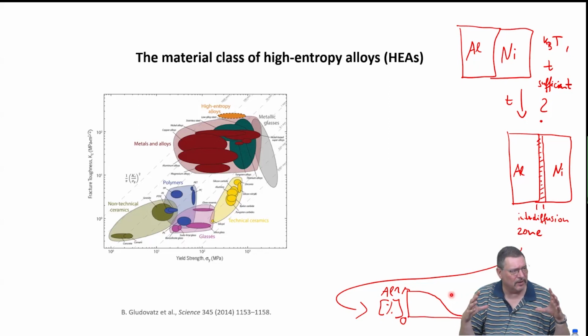So it's energetically unfavorable. So this is substitutional diffusion. So it means it stays on one lattice. Both are FCC, right? But then you need vacancies. So vacancy mechanism is important.